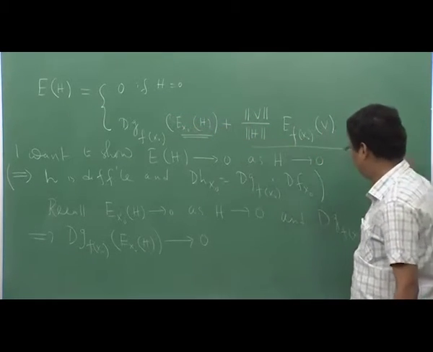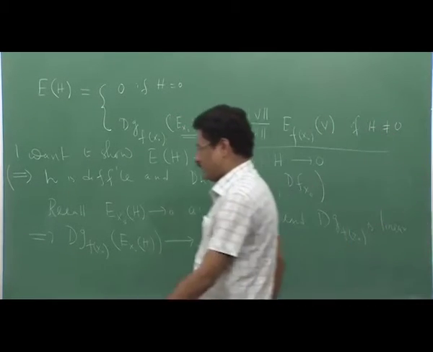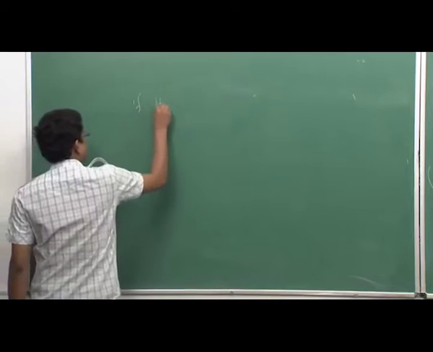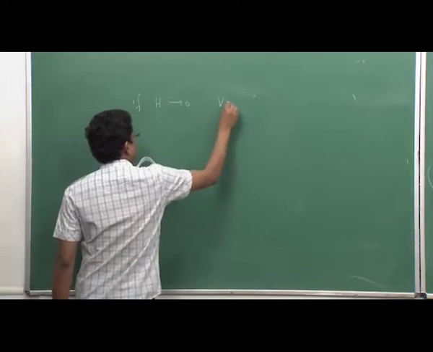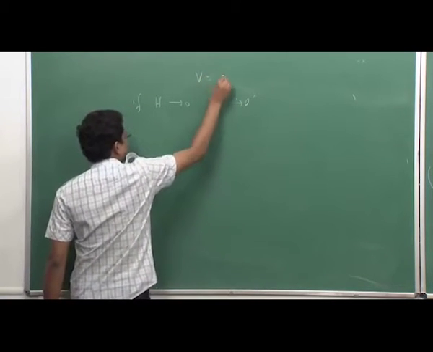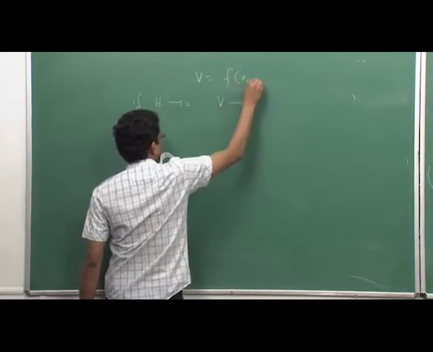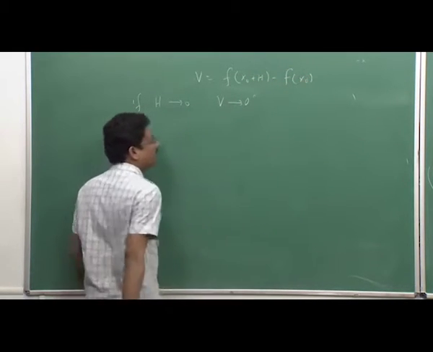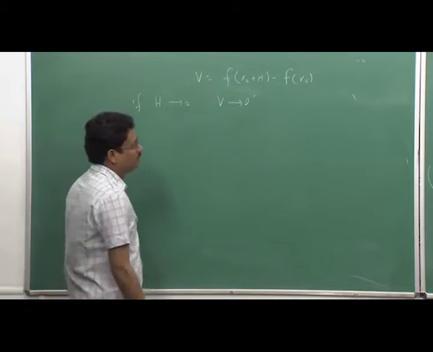What about this part? Well, obviously, if H goes to 0, V goes to 0 as well, because V is again f of x naught plus H minus f x naught, and f is differentiable, so continuous. So, H goes to 0, V goes to 0.